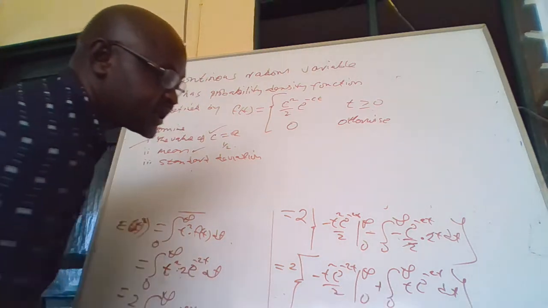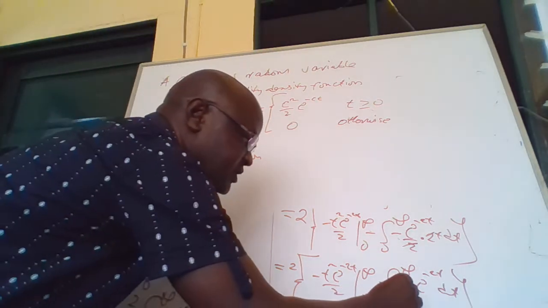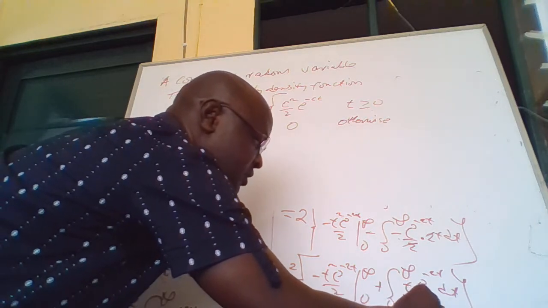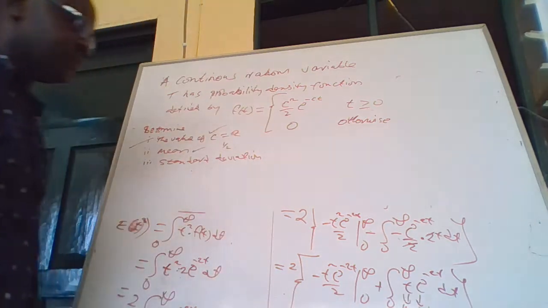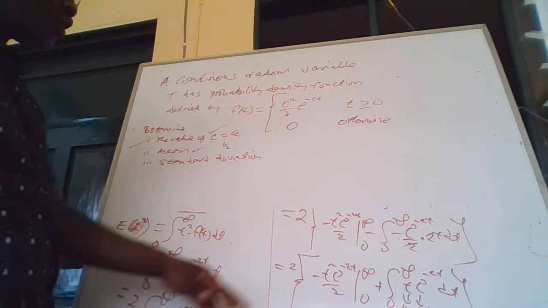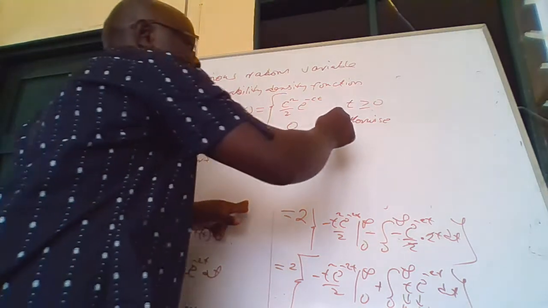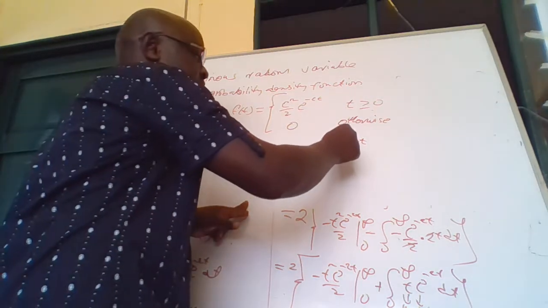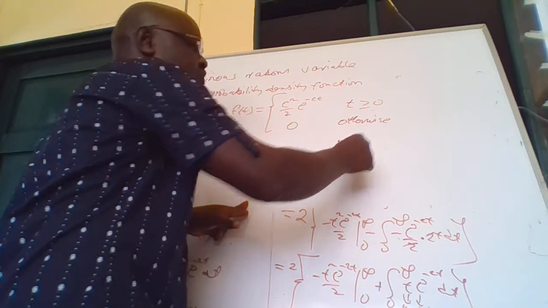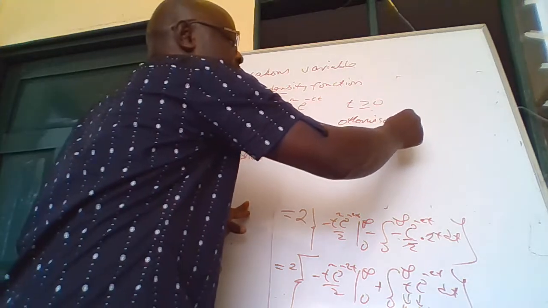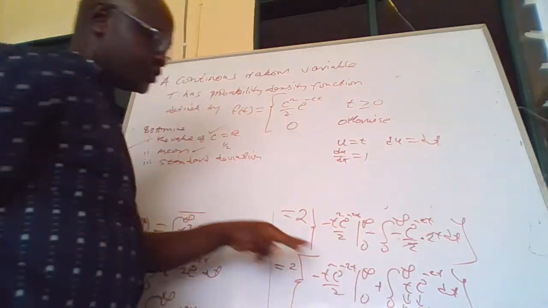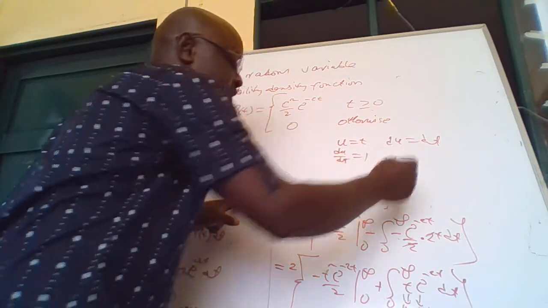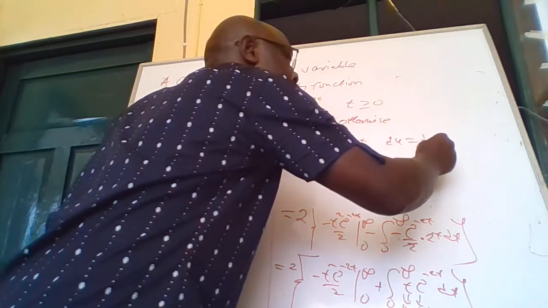Now from here we integrate by parts again. You can see this is our u, this is our dv. So we have u equals t, du/dt equals 1, du equals dt, then dv equals exponent minus 2t.